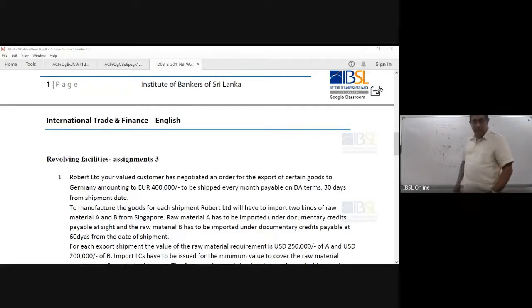This LC will have to be opened 4 weeks prior to the shipment date. It will take a further 4 weeks to receive the goods and documents.